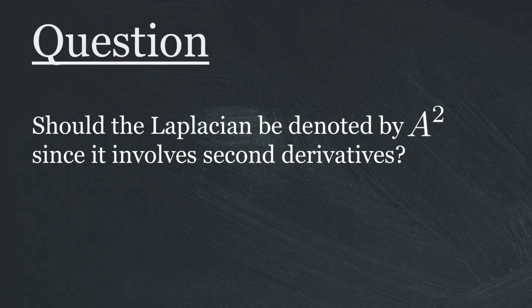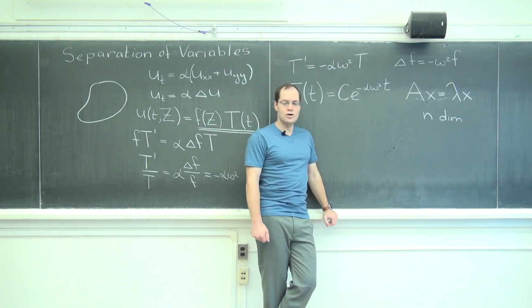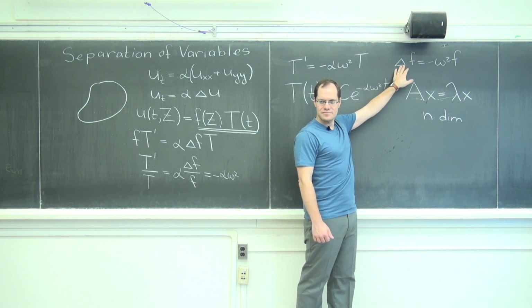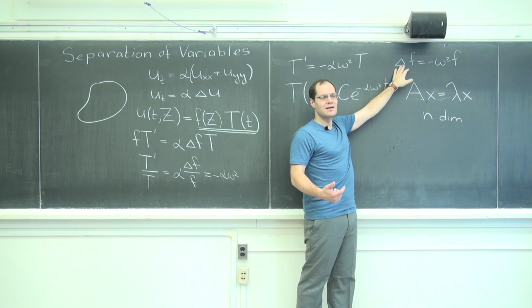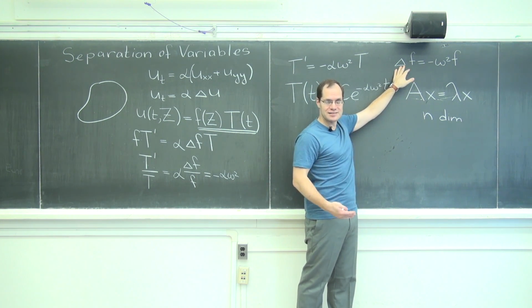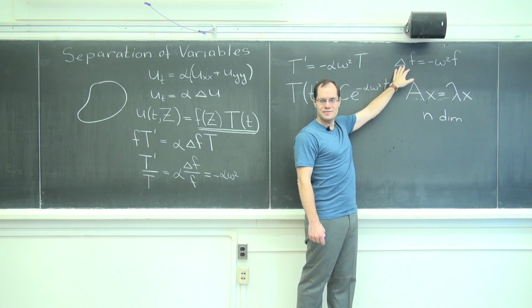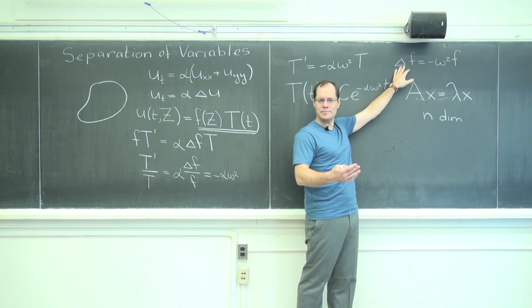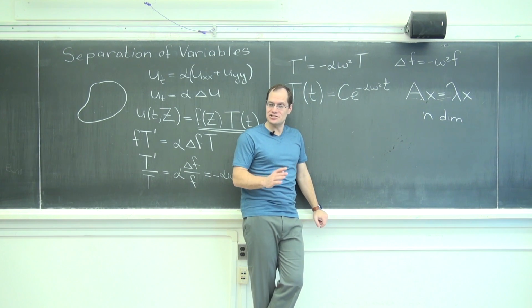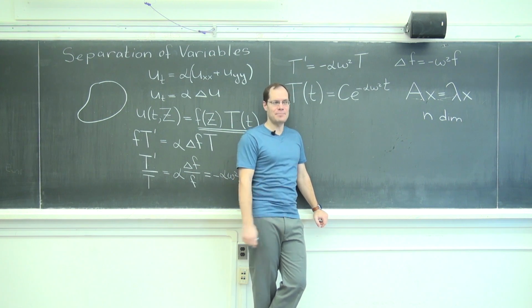No, because the fact that it's second derivatives, and that's where you want the square, is a detail here, secondary to the fact that it's a linear operator. Even if it was Laplacian of the Laplacian of the Laplacian, I would still write A, because the essential part is that it's a linear operator.